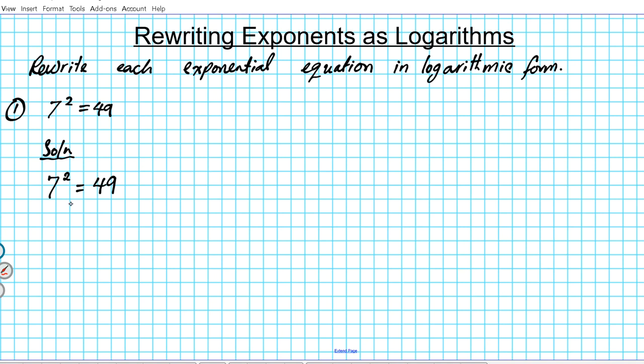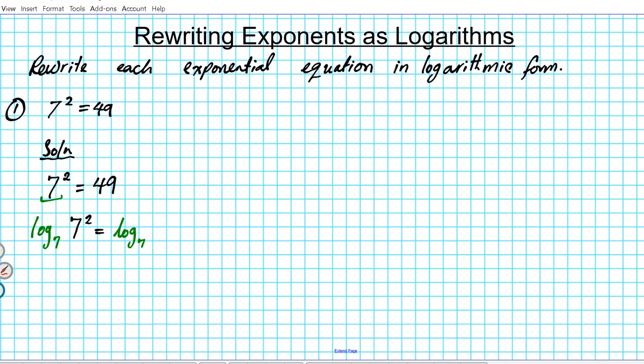So if you want to get rid of an exponent, you use log and vice versa. The base of this exponent is 7 on the left side. So what does that tell us? It tells us that log base 7 is what we need. So we're going to take log base 7 of both sides of our equation. So log base 7 of the left and log base 7 of the right.